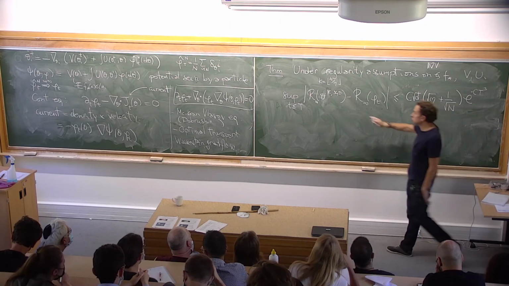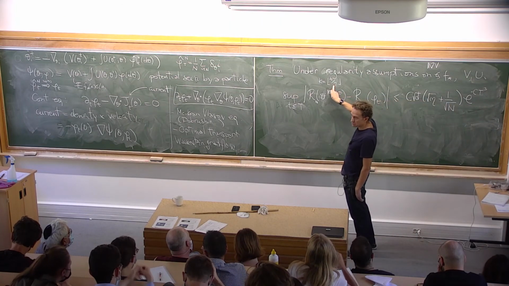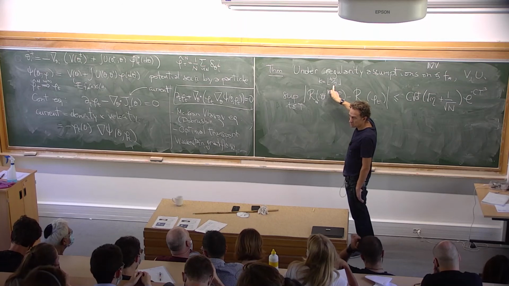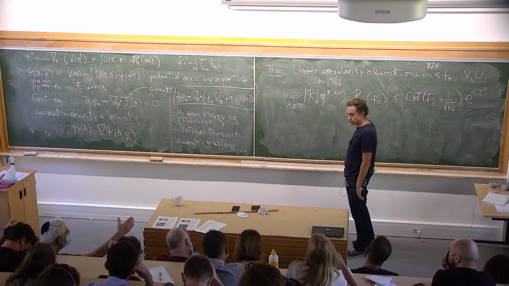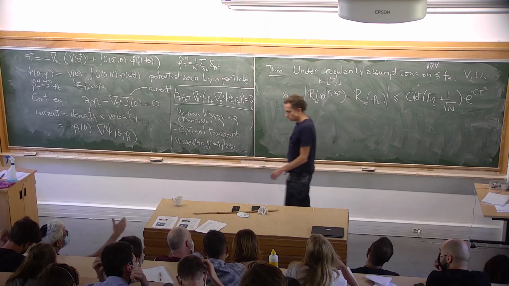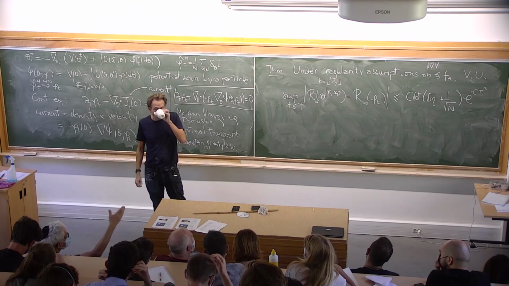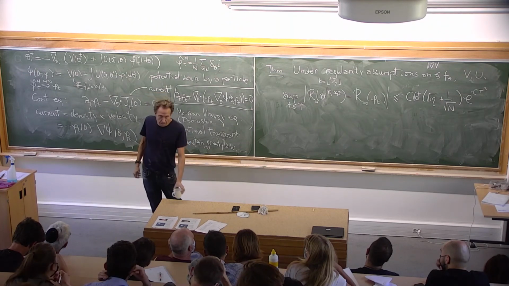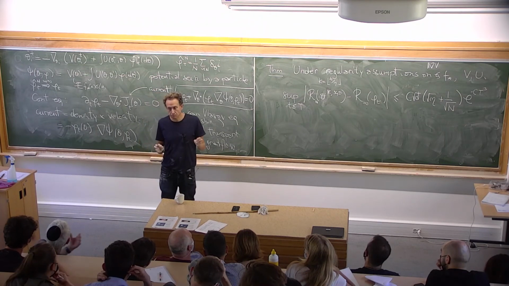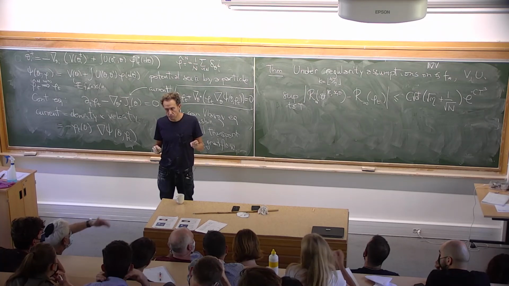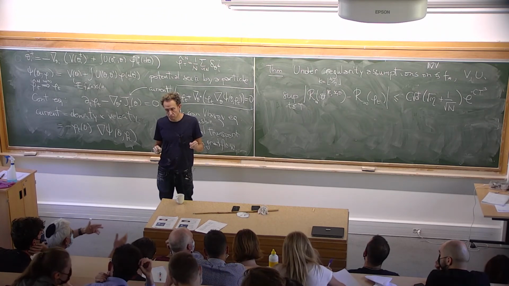Capital T is the continuous time, so it's independent of the step size. I'm saying the longer I run it, then in order for this to be small, eta has to be e to the minus T small. Which is unusual. Usually n depends on d or n.